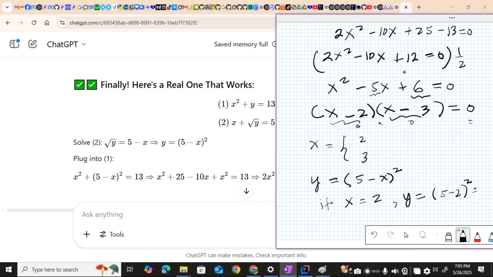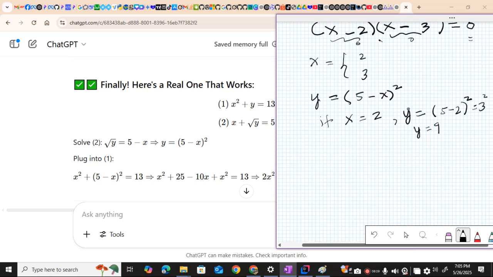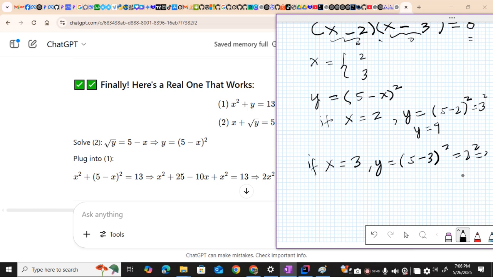It's just simply 3 squared, or that is 9. So if my x is 3, then my y is, yes, you guessed it correctly, it is just 2 squared, giving you 4.